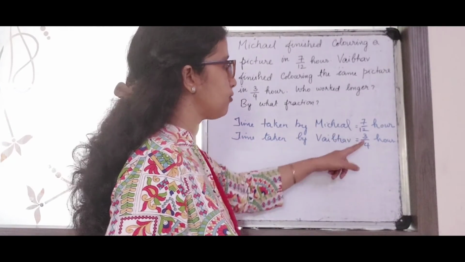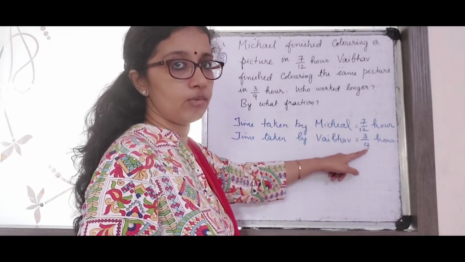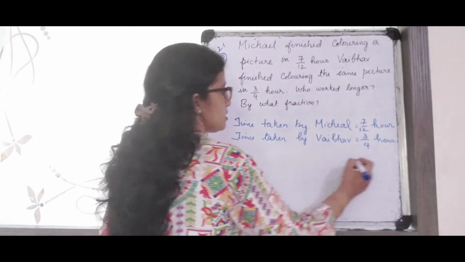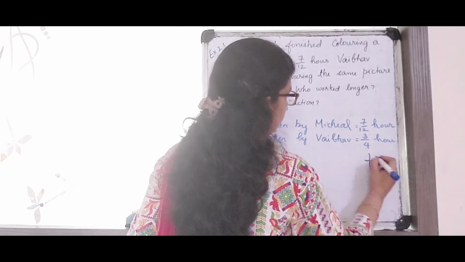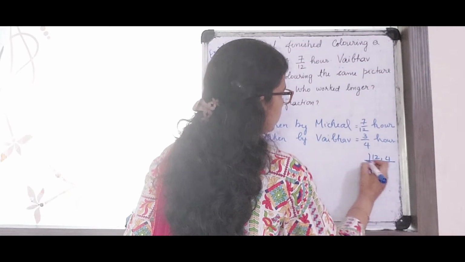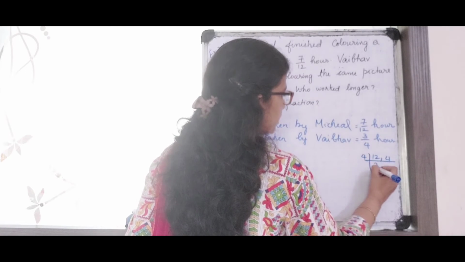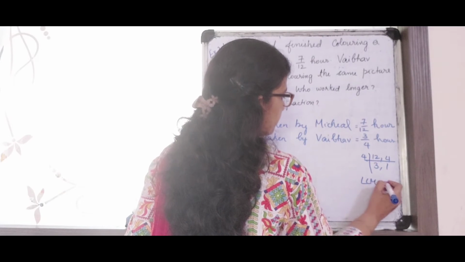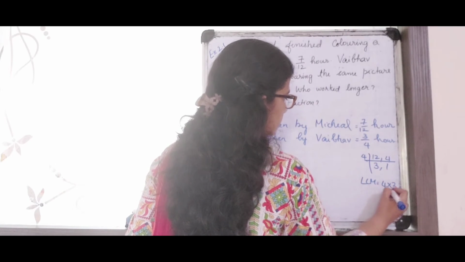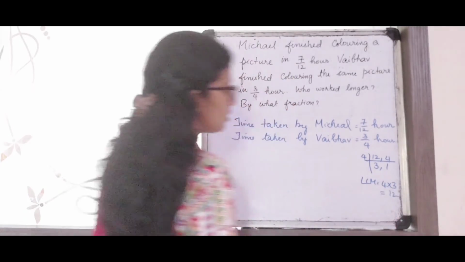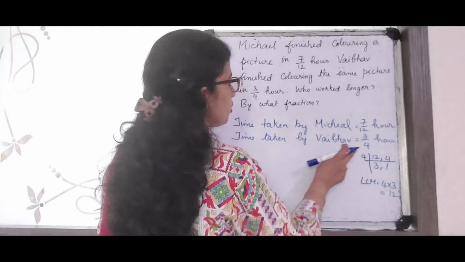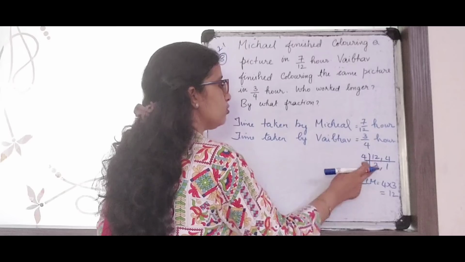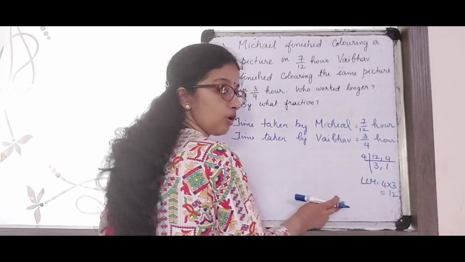So what should we do? We have to convert these two into the same denominator, right? So if we take the LCM of 12 and 4, 4 3s are 12, 1 4 is 4. So what is the LCM? 4 into 3 is equal to 12 is the LCM. So we have to convert this 3 by 4 into 12 denominator.